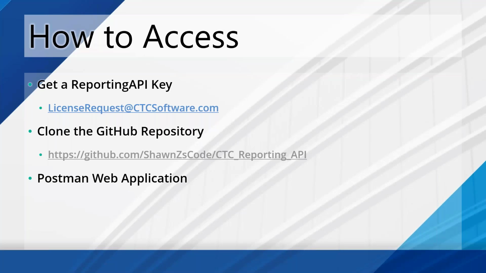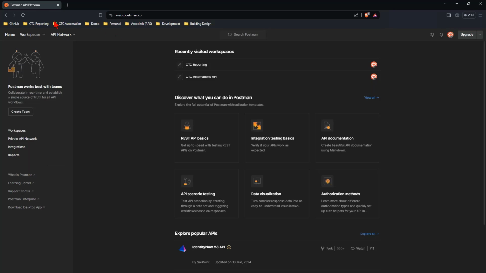So with that said, the Postman web application is going to be an important little toolkit for you, and you can get it by going to postman.com, and it's free. In fact, everything that I'm talking about today is technically free. It has no extra cost to you. You just have to go sign up for something here and be able to work with this content. So postman.com, and in fact, I have postman.com opened up here already, and I'm going to be using this.